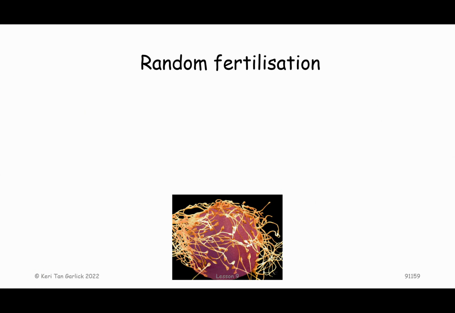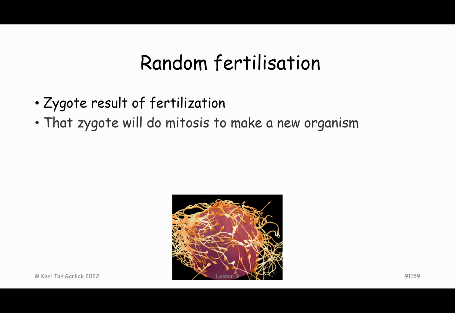The second layer of variation is random fertilization. It's the randomness of whatever egg gets released and whatever sperm meets it. When that fertilization occurs, it makes a zygote, that single cell post-fertilization, the beginning of an organism.